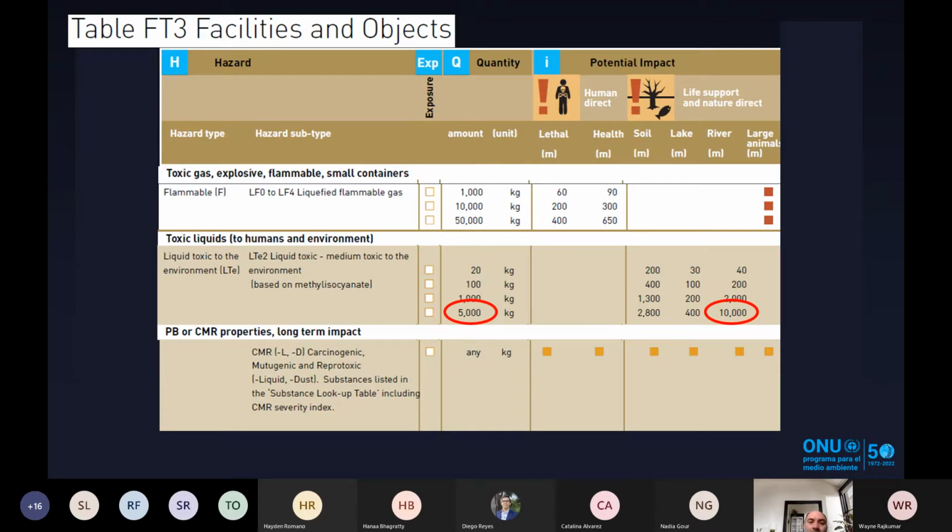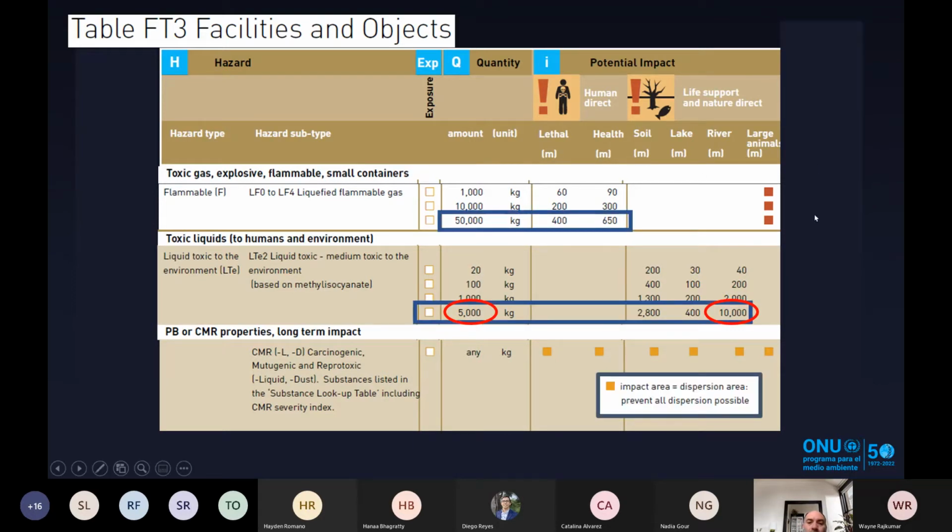Can you please click, Diego? Okay, so these are the distances. Sorry, again. Click.